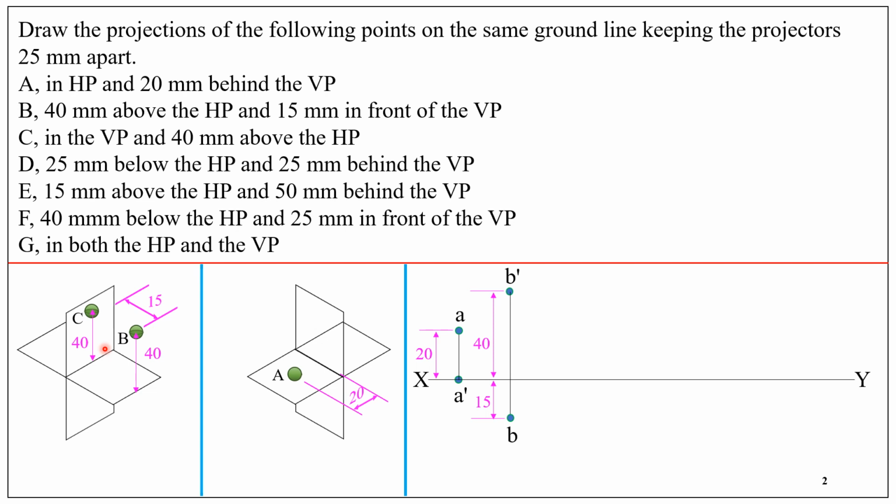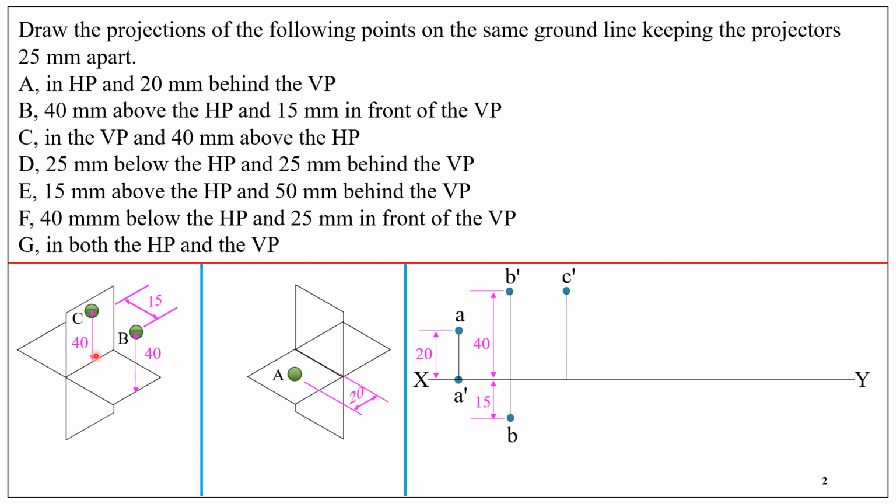Now we will draw the projections of point C. First, to draw the front view. In the front view, the distance of the object above horizontal plane is visible, that is 40. Therefore, mark point C dash 40 above XY line. And since the point is in VP, its top view will be on the XY line.